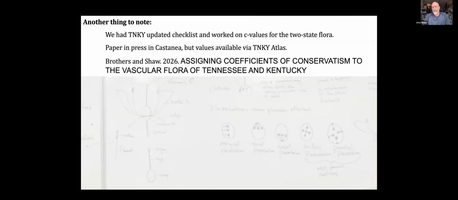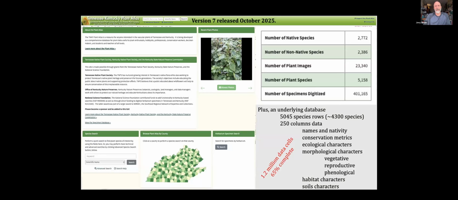Tara was a major contributor to that, as well as several others on this conference. And so that paper is in press. It should be out in Castania in the next edition or so. So these coefficients of conservatism are also on the newest version of the Tennessee Kentucky Plant Atlas. So version 7.1 was released this past October, and it's had massive updates.